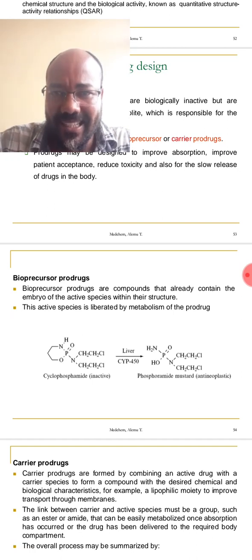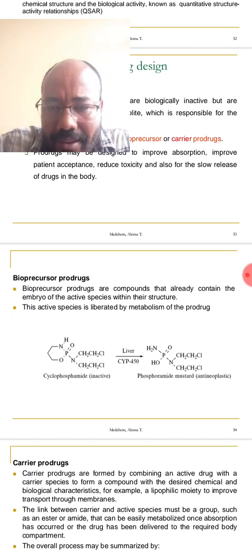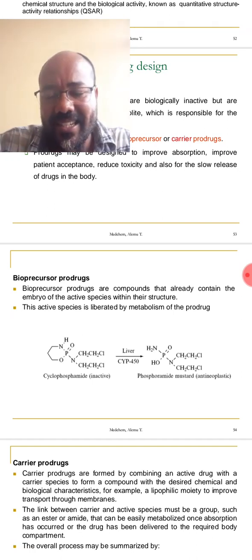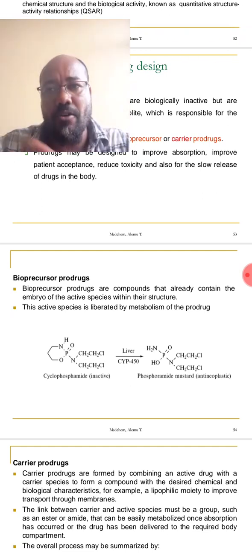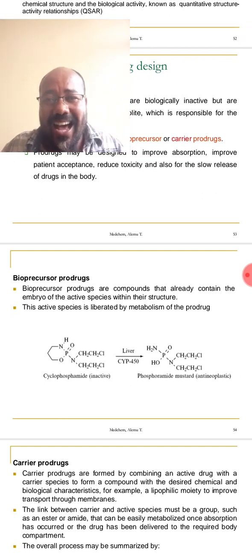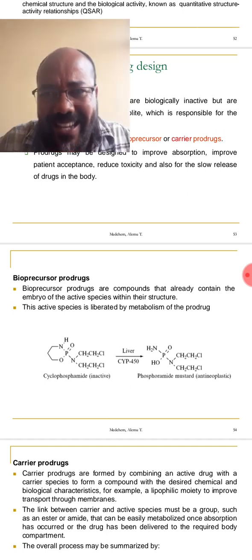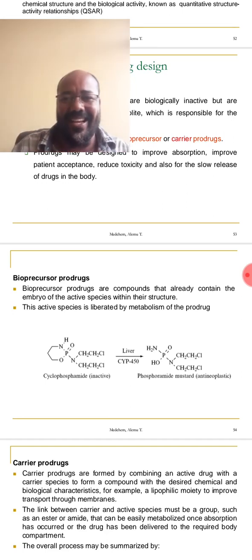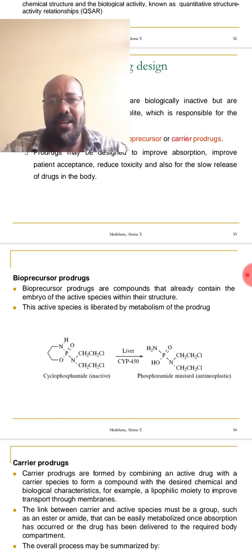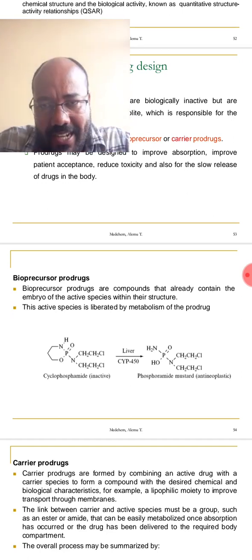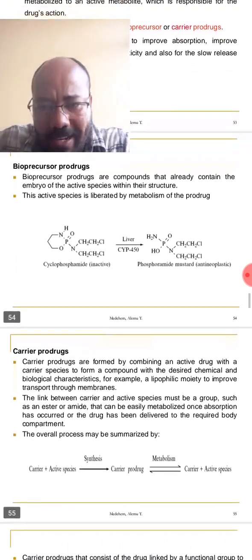Salicylic acid is the active drug, but acetic acid is the carrier. Therefore, carrier prodrugs are prodrugs that are synthesized in the laboratory by combining the active species with the carrier to bring better pharmacological activity.